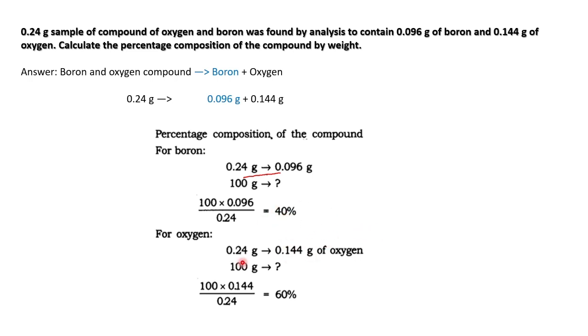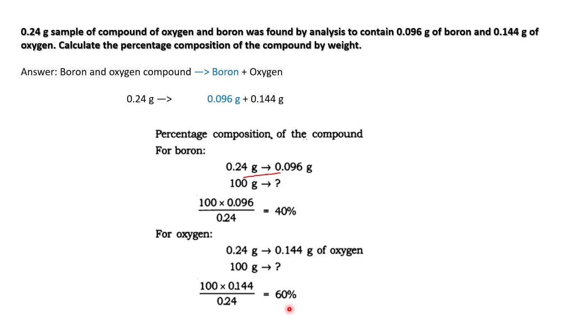In that same way, to find the percentage of oxygen, 100 into the weight of oxygen in the compound divided by the sample weight, 0.24, we get 60%. Okay, so in this answer, boron is 40% and oxygen is 60%.